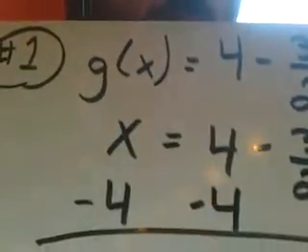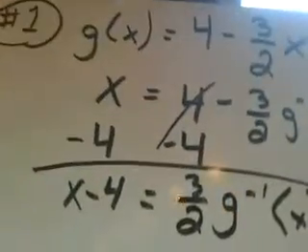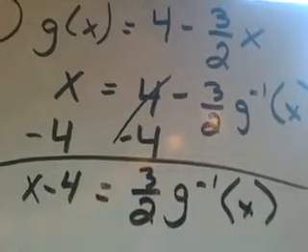So this is what you should have, okay? And of course the 4's would cancel out on the right side, and you're left with x minus 4 is equal to 3/2 g inverse of x. That's what you should have.